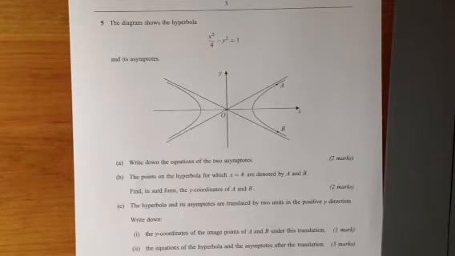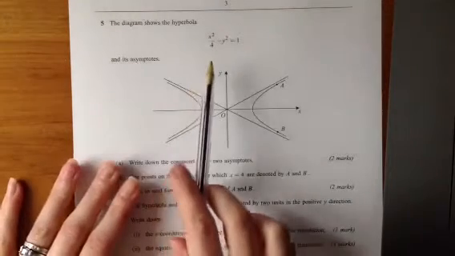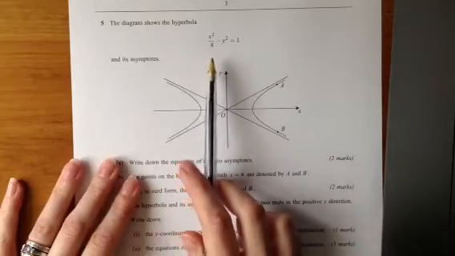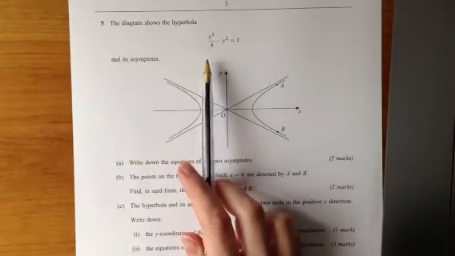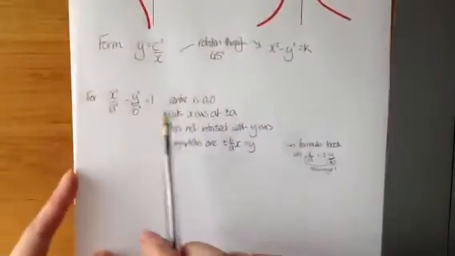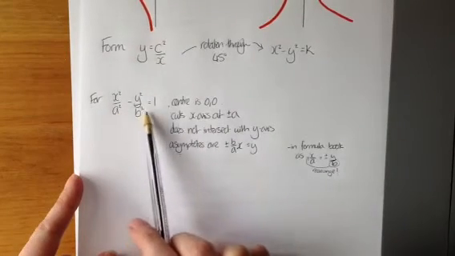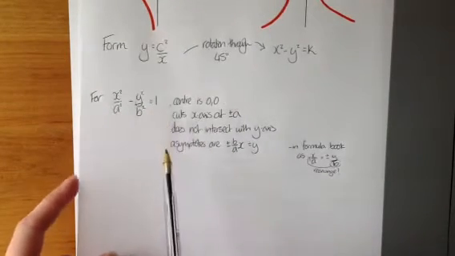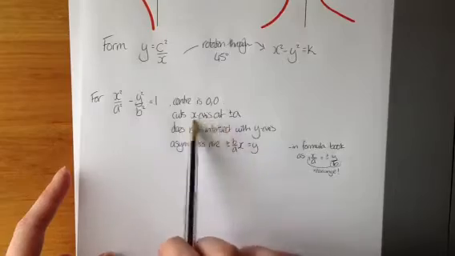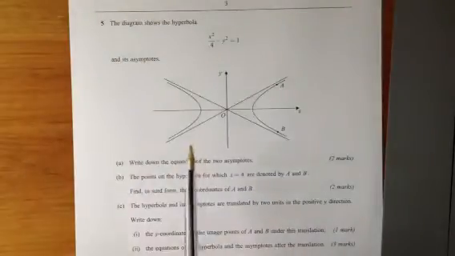The diagram shows the hyperbola x squared over 4 minus y squared equals 1 and its asymptotes. Write down the equations of the two asymptotes. Well, we know how to do this. We're going to look back at our general form, which is given in the blue booklet, but also on here: x squared over a squared minus y squared over b squared equals 1, remembering it cuts the x-axis at plus and minus a.